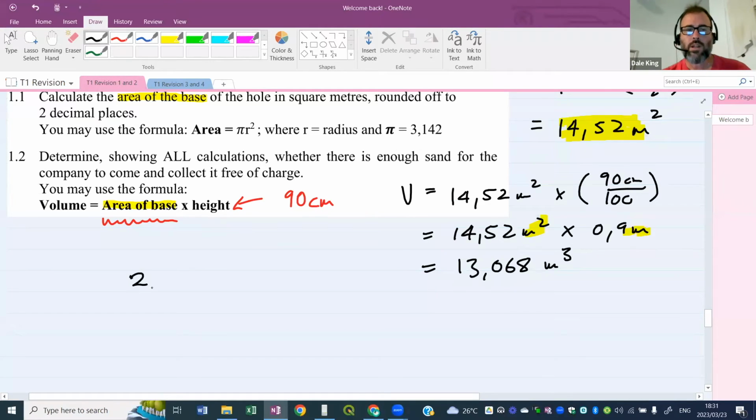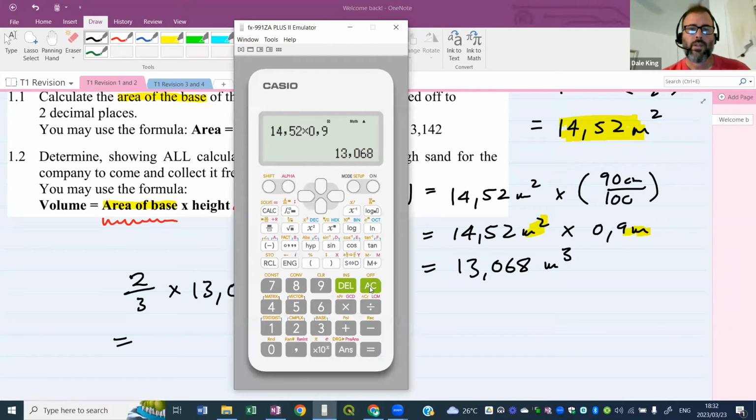So I'm going to do it over here on the left. So 2/3 of this volume, and of means times. So 2/3 times 13,068, keeping my decimals and keeping my units there, equals. So 13,068 times, oh, let me do it the right way around.